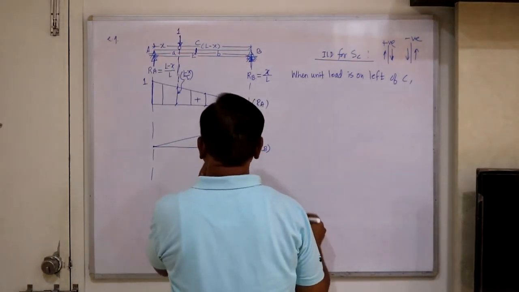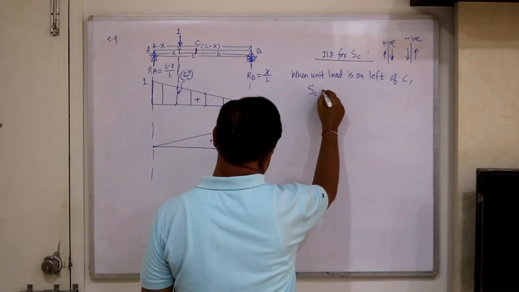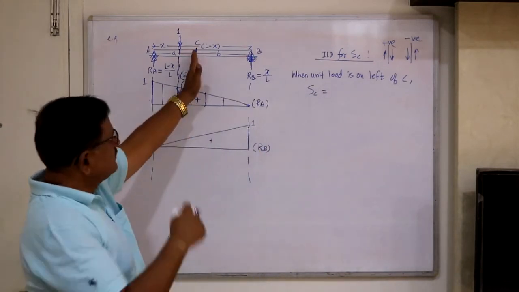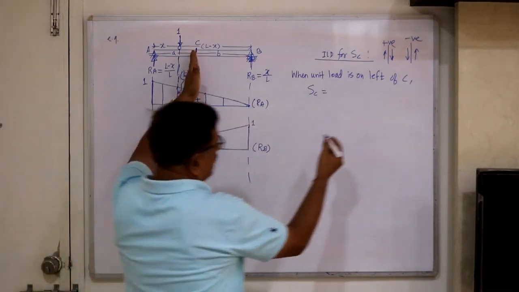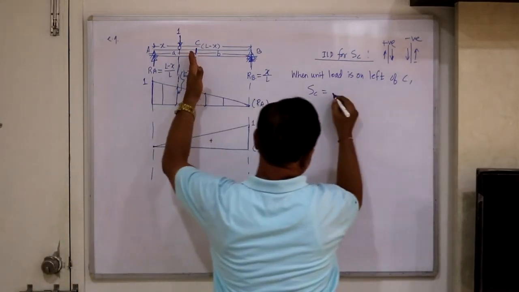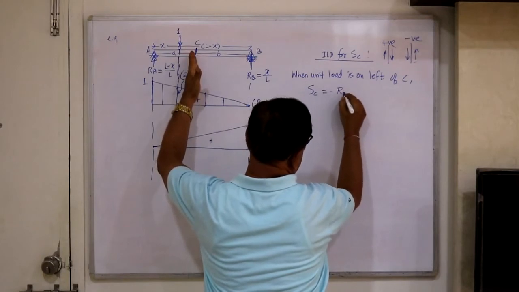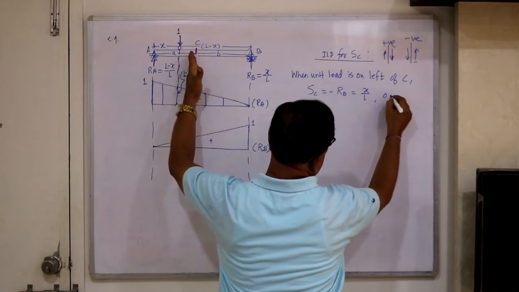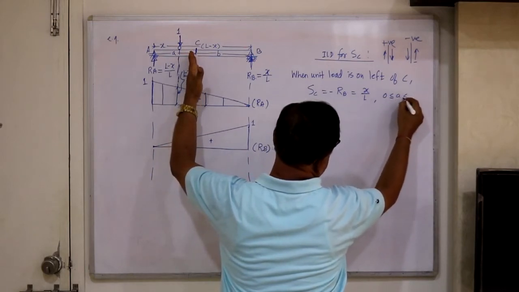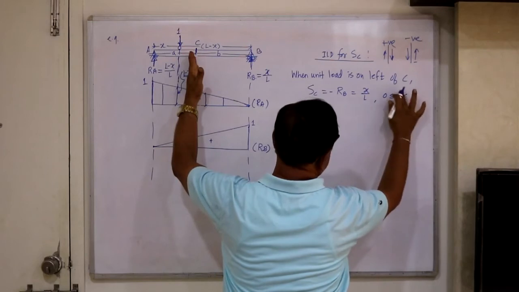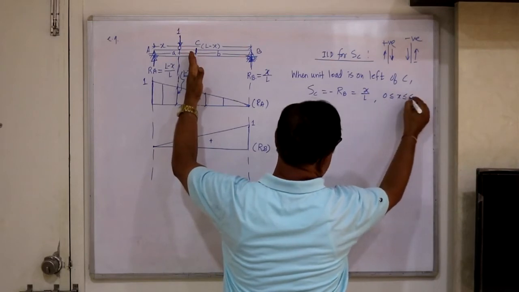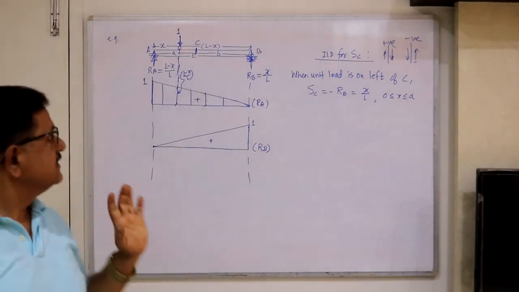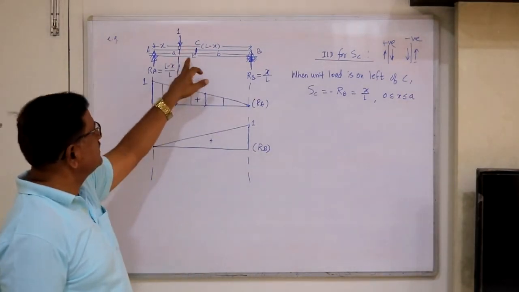When the unit load is on AC, what is the shear force? SC equals, now consider the right part. On the right, RB is upward, so this is minus RB, which is nothing but x by L. The applicability is 0 less than or equal to x less than or equal to a, so the minimum value is 0 and the maximum is a.